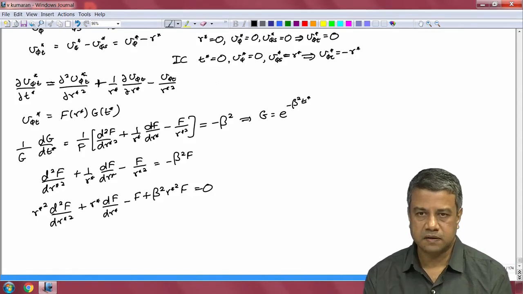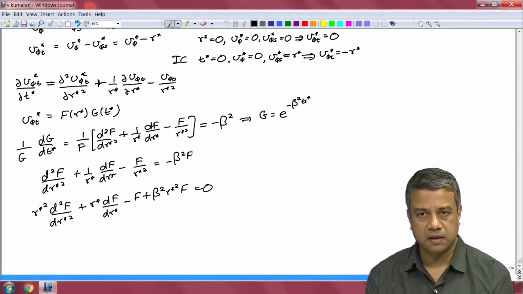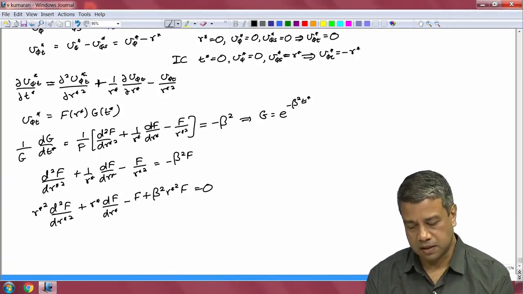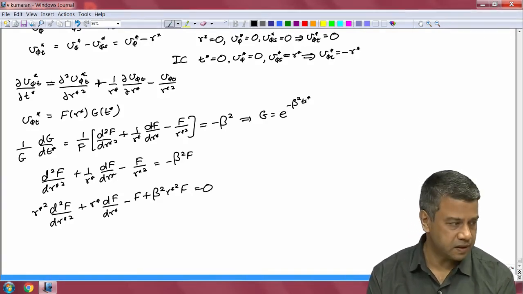Just recasting this equation. Now, you can see that the first three terms on the left have equal dimension in r. You have r square d square f by dr square, r df by dr, and f which does not contain factors of r.